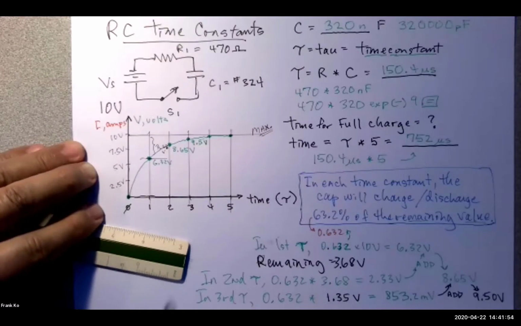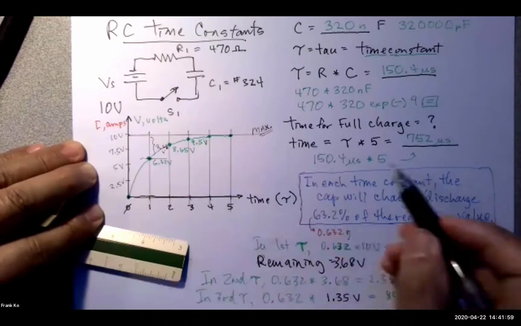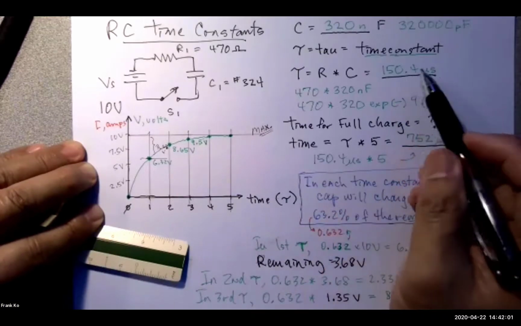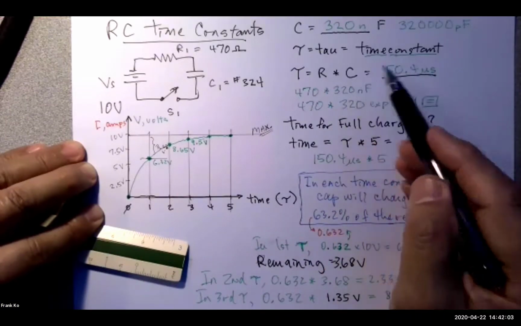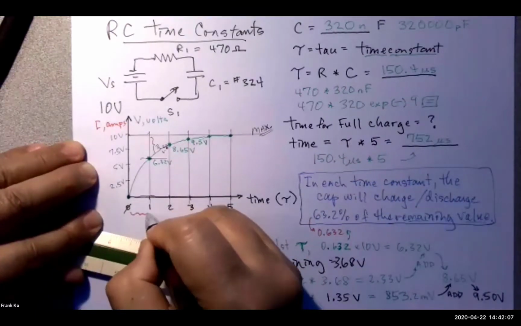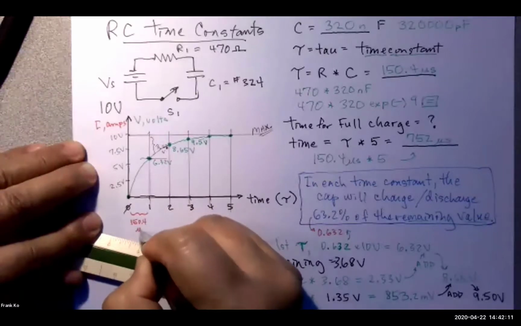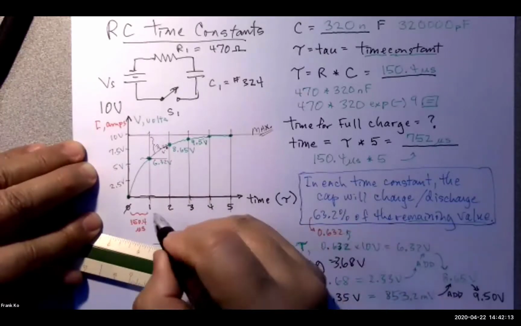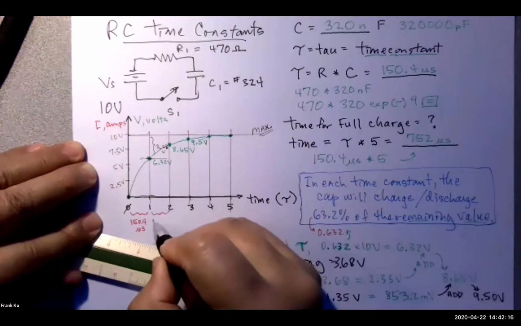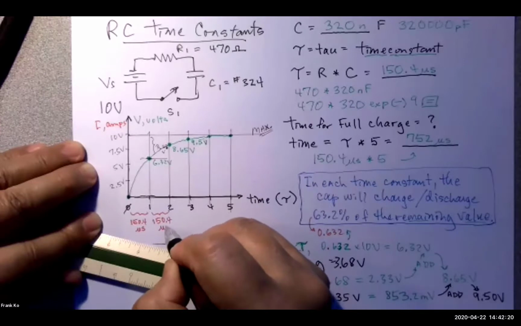And how much time is that? Well, let's analyze this again. We determine each time constant by multiplying the R times the C as 150 micro. So from here to here, I have 150.4 microseconds. From here to here, I have another 150.4 microseconds.